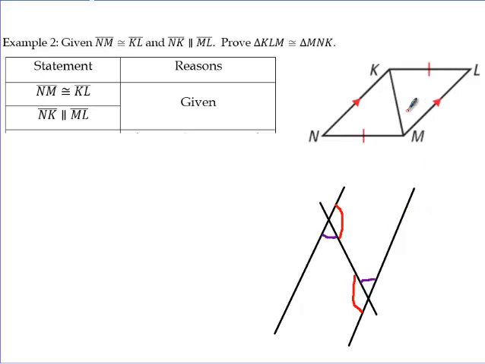And if we put those on our original picture, and anytime you have a picture, I highly suggest that you draw on it, here we would have the red set of angles, and here we would have the purple ones.